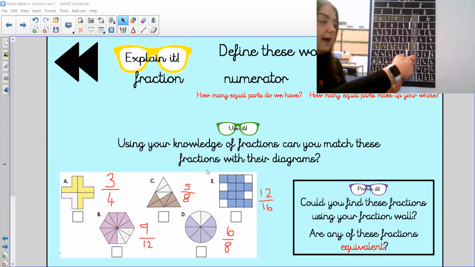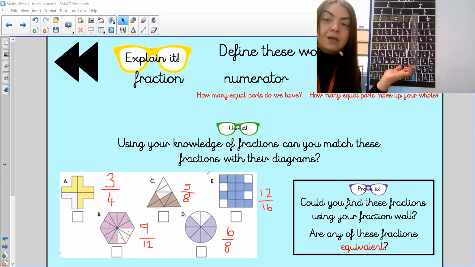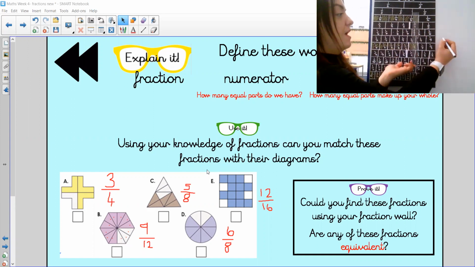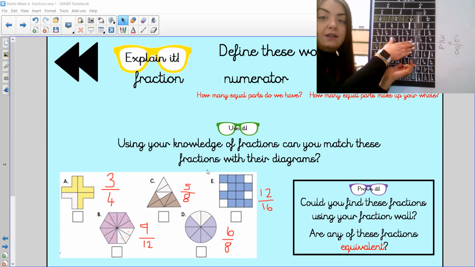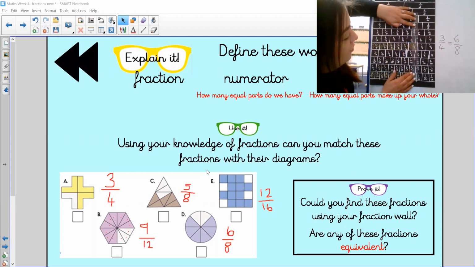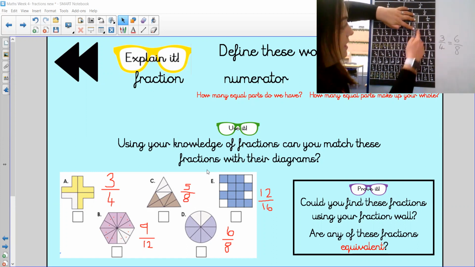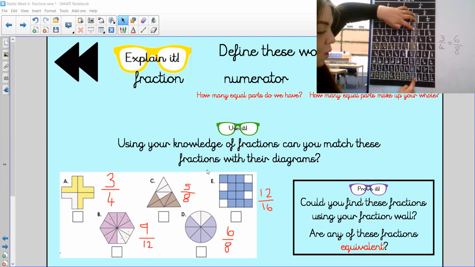So on my board, what I can then show you, using my fraction wall, 3/4 is equivalent, so equal to 6/8. Can you see any more on your fraction wall that might be equivalent? I can see here that my line is lining up also with the 12th.